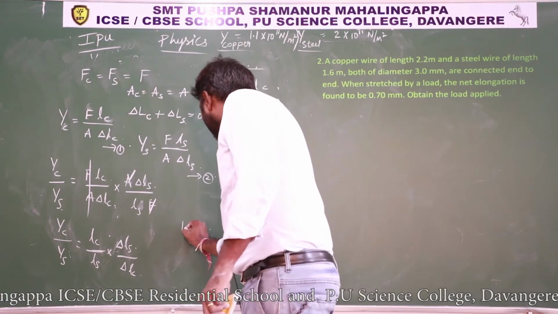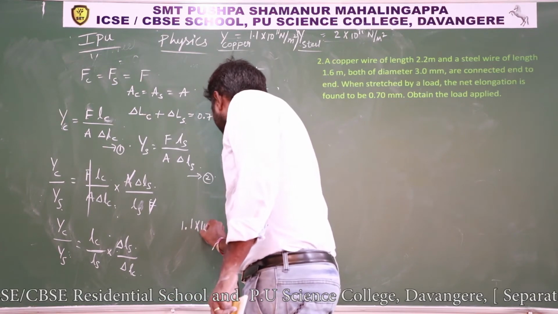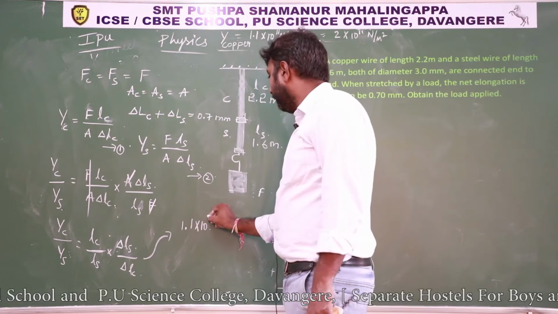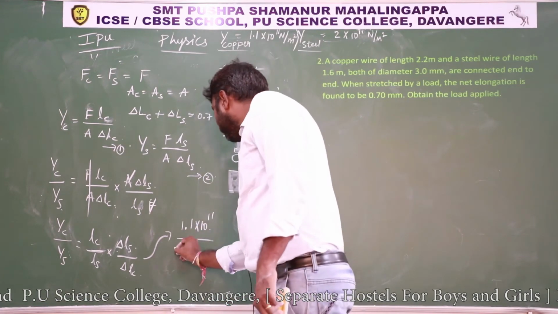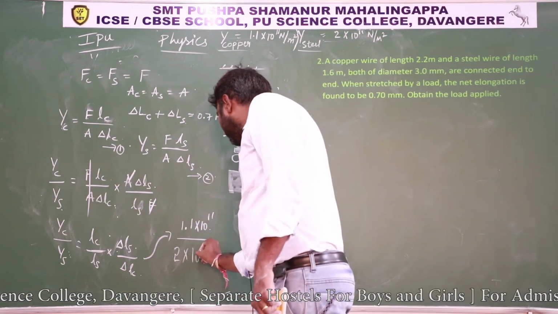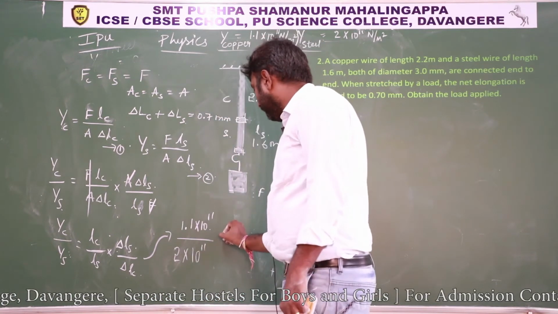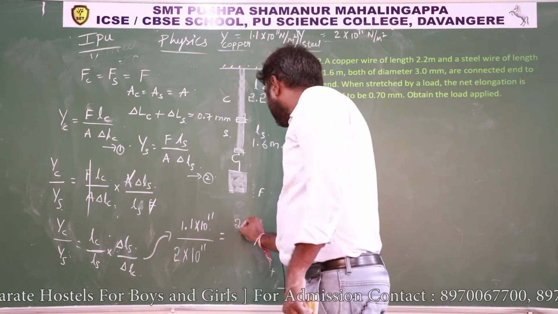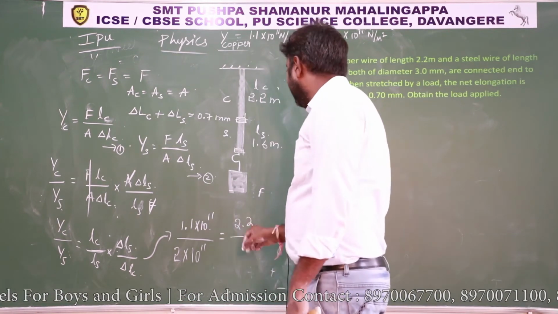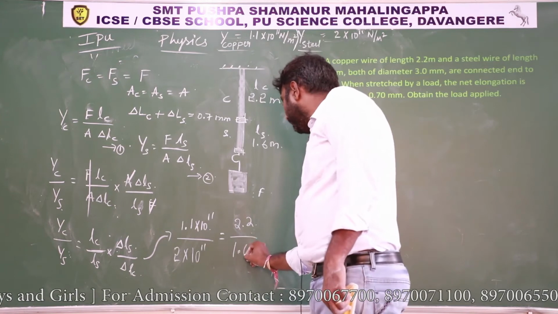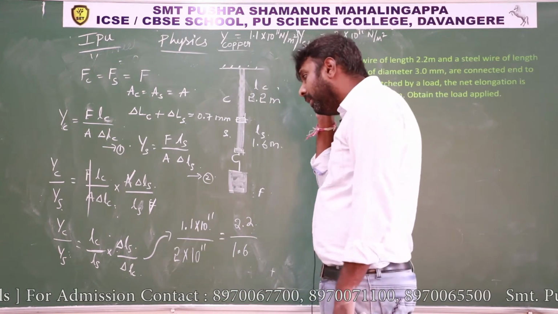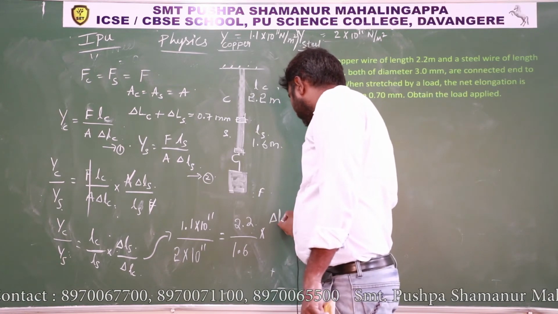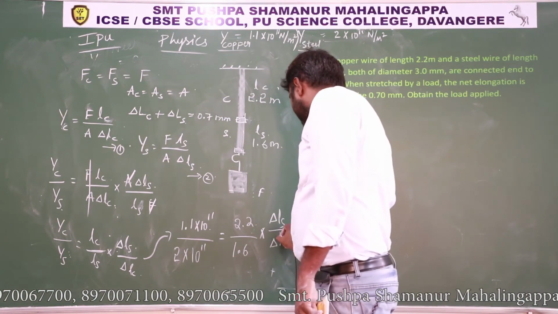Copper value is 1.1 into 10 to the power 11. Next step, this is 1.1 into 10 to the power 11 divided by 2 into 10 to the power 11. This equals length of copper 2.2 divided by length of steel 1.6, multiplied by delta LS by delta LC.